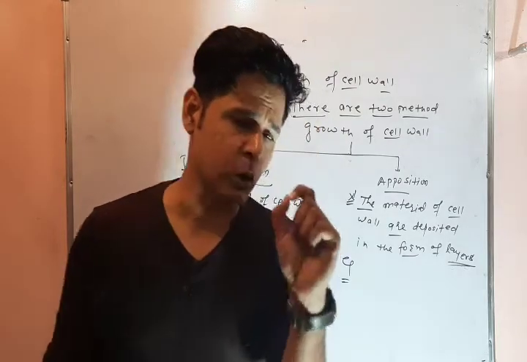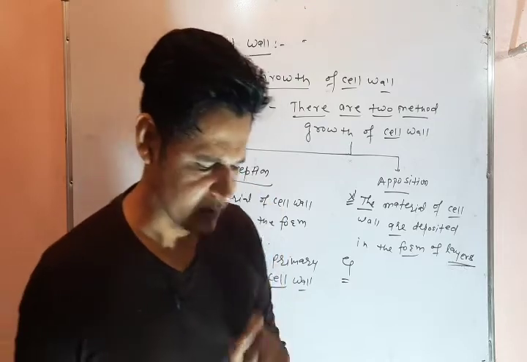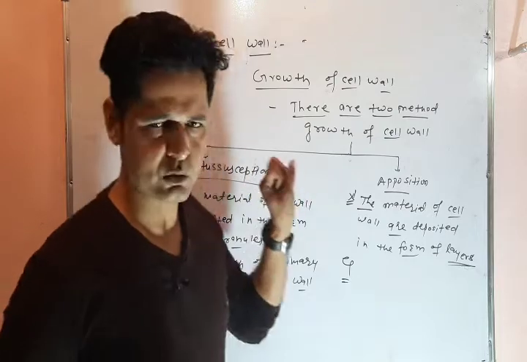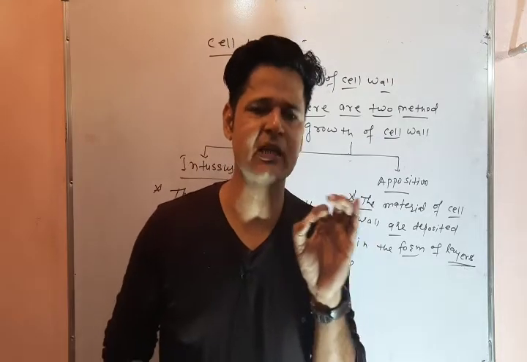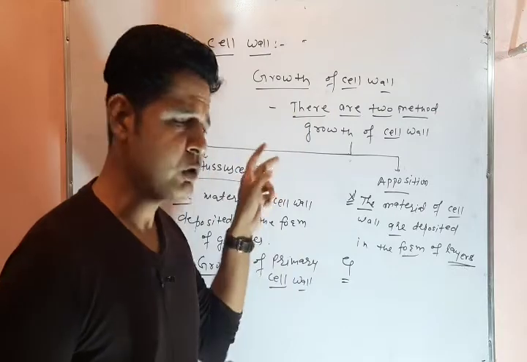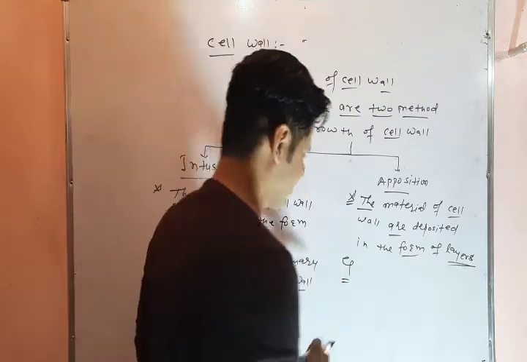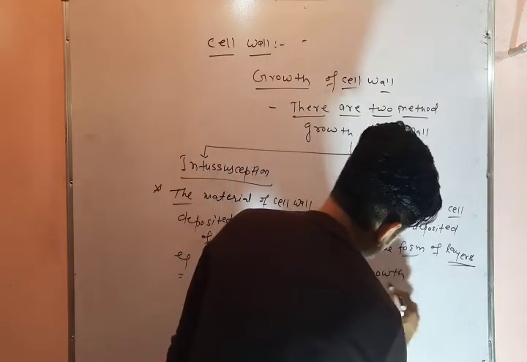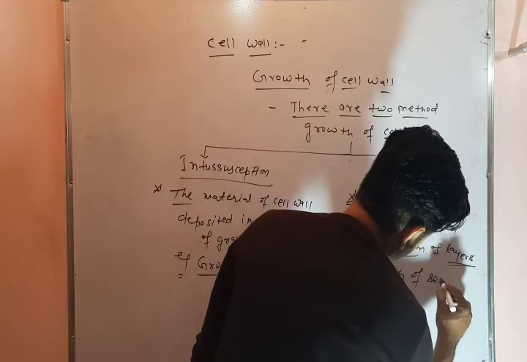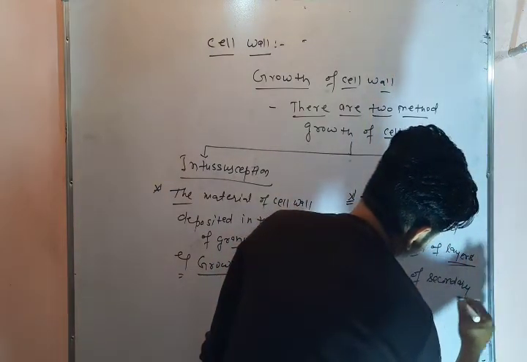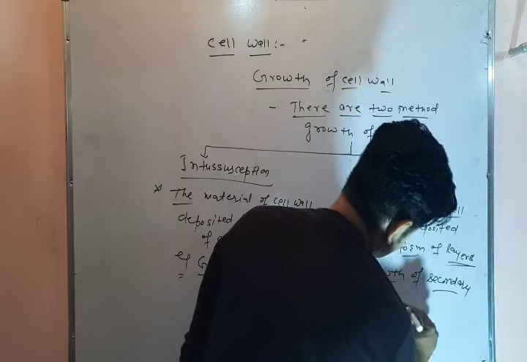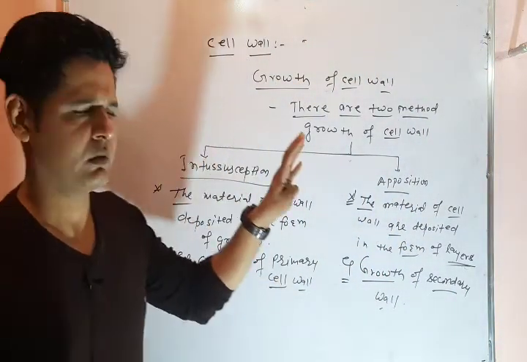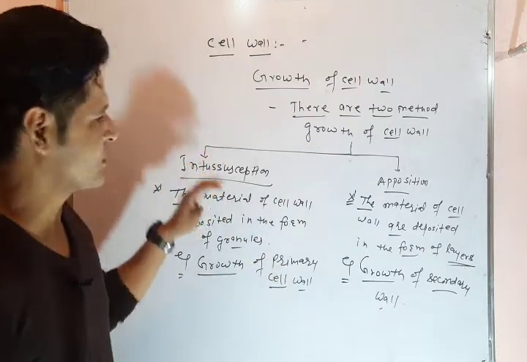Apposition is growth of the secondary cell wall. Growth of the secondary cell wall takes place by both methods, intussusception and apposition.